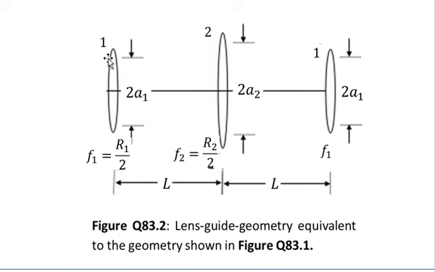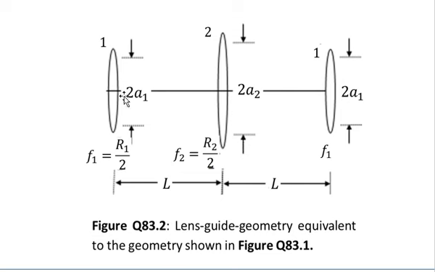The lenses 1 on either side, being equivalent lenses, have a focal length equal to f1, which is related to R1 by f1 = R1/2, and the focal length of lens 2 is f2, which is related to R2 by f2 = R2/2, and the separation has been shown to be 2L.